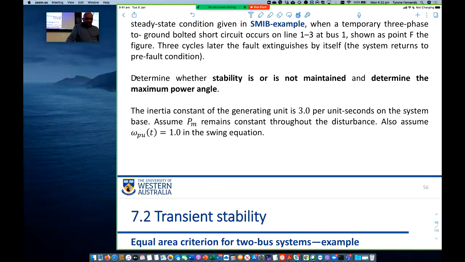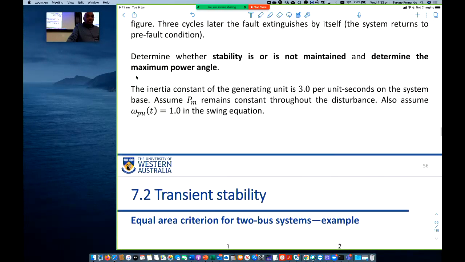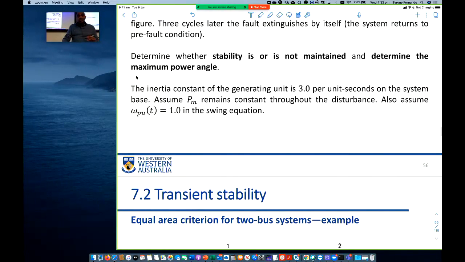The inertia constant of the generating unit is 3 per unit seconds on the system base. Assume PM remains constant throughout the disturbance. So the disturbance is for 3 cycles, the bus 1 is going to be short circuited. When bus 1 is short circuited, the electrical power output from the generator is 0.